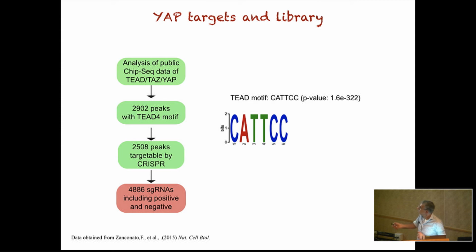So we had 2,900 peaks. 2,500 of them we could target with a CRISPR, and we created a library of about 5,000 guide RNAs, including positive and negative control. So we have like hundreds of negative control and some positive controls. This will be the YAP and guide RNAs against the active YAP.